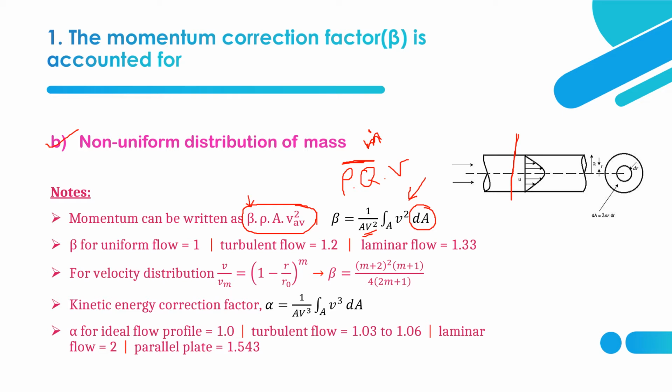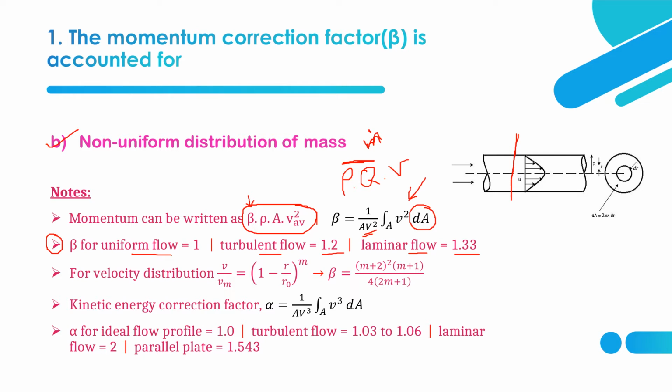The beta value for uniform flow is 1, for turbulent flow in pipes it is 1.2, and for laminar flow in pipes, beta is equal to 1.33. These are some typical values for the momentum correction factor.